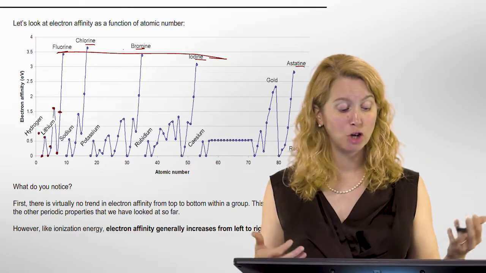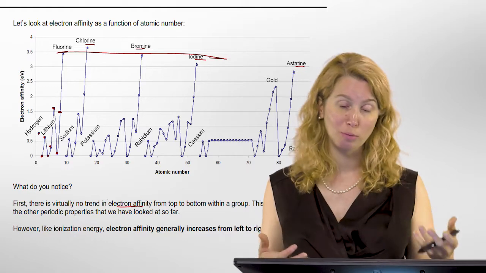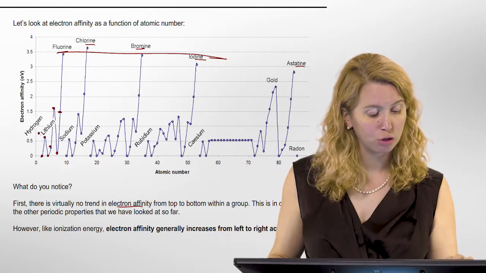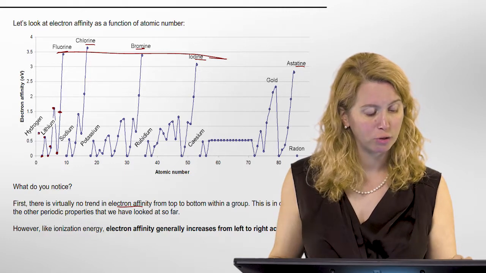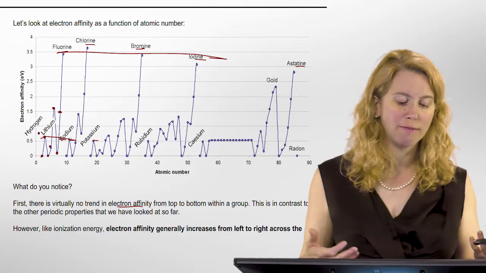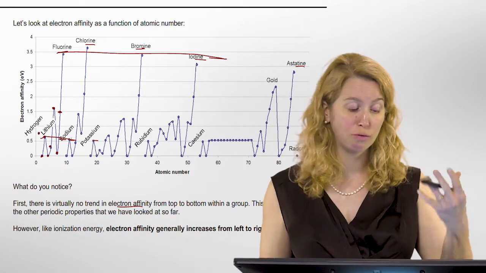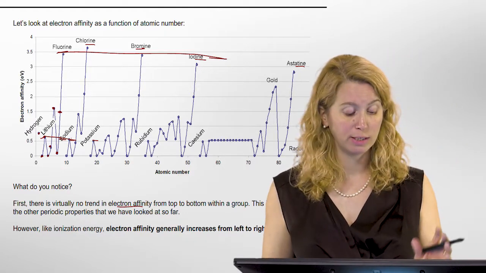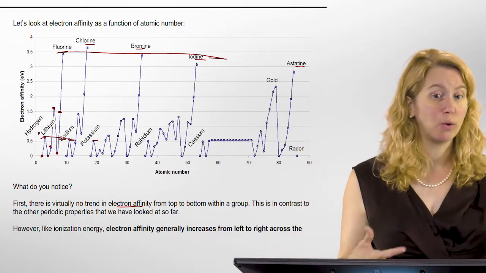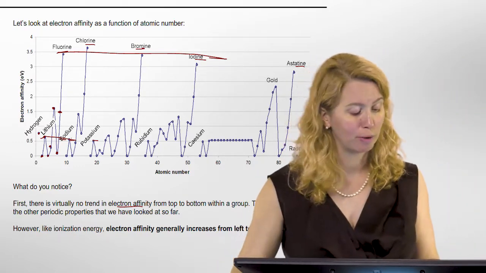So there's basically no trend in electron affinity from top to bottom within a single group. That's true in the halogens. That's also true if we look at the alkali metals, hydrogen, lithium, sodium, etc. There's really not very much change as we move from the top to the bottom within a single group in the periodic table. This is arguably quite different from what we've seen for some of the other periodic properties.